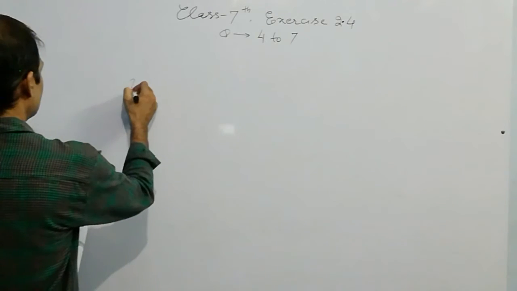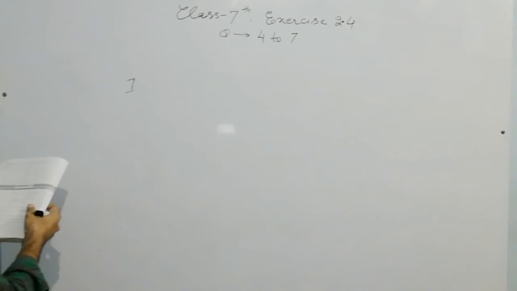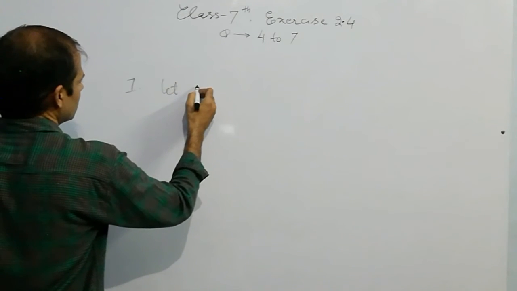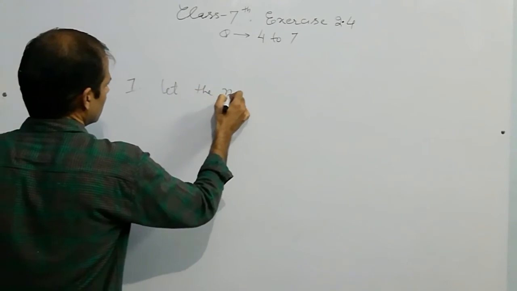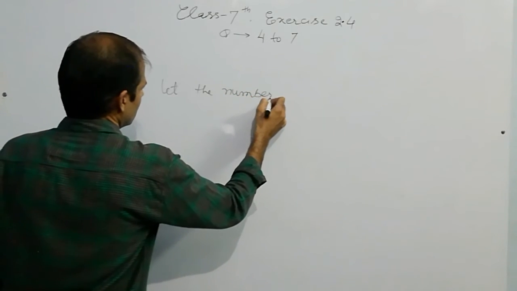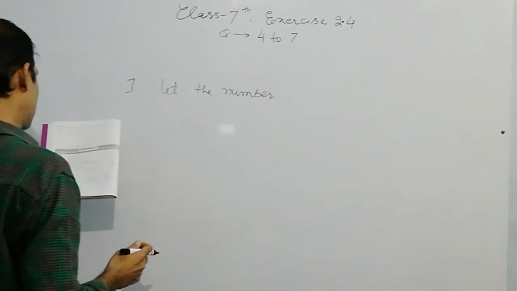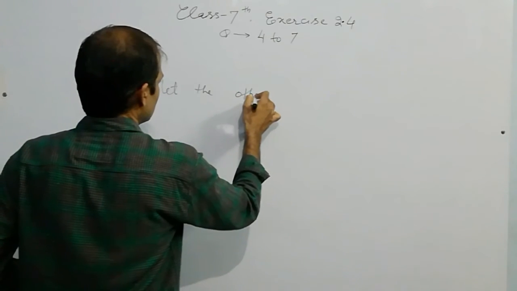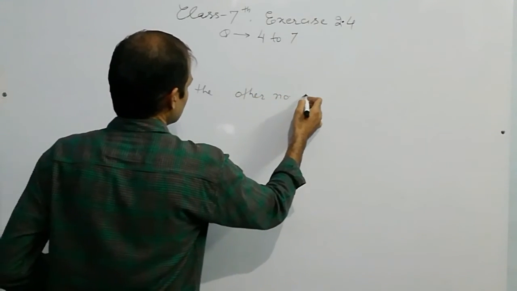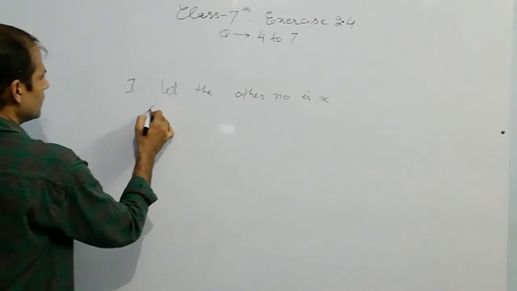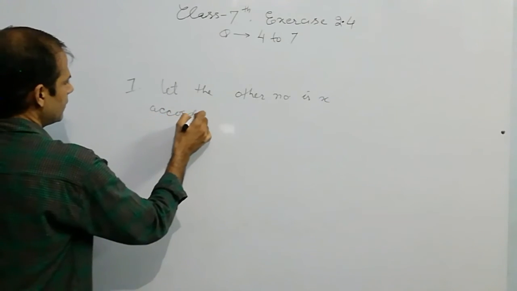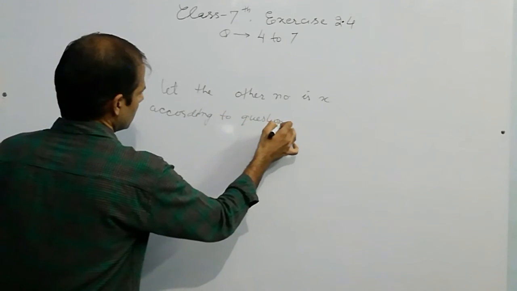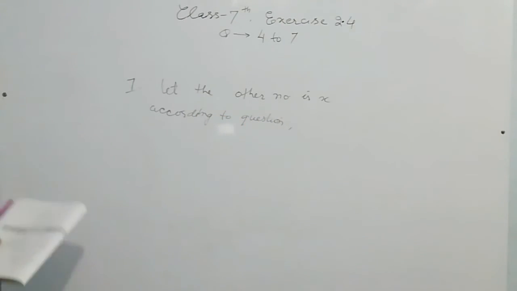Question number 7. The product of two numbers, find the other number. Let the other number be x, and you have to write according to the question.